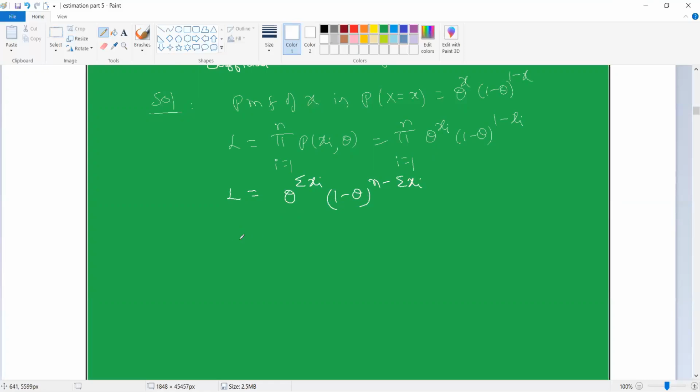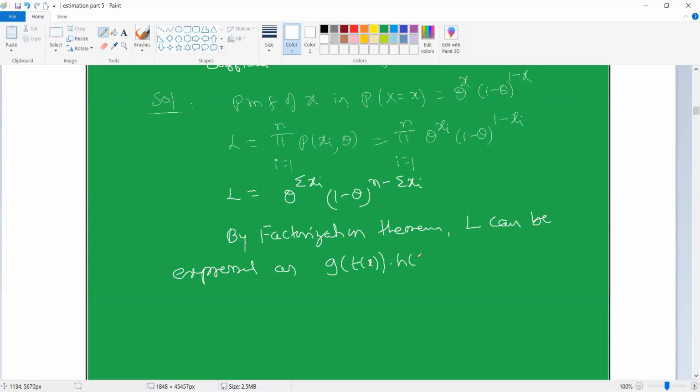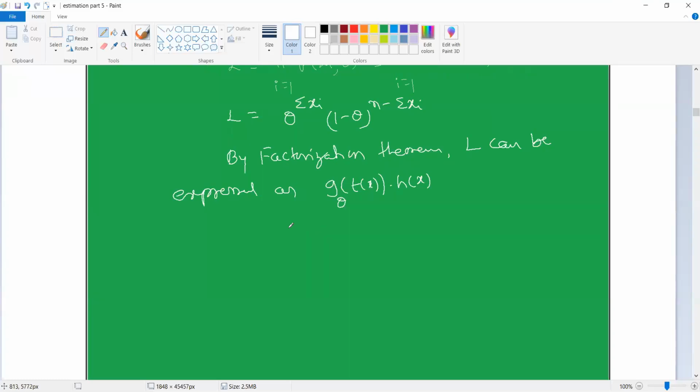Now this likelihood function, by the factorization theorem, can be expressed as g of t of x comma theta into h of x, where h of x is a function of sample observations.